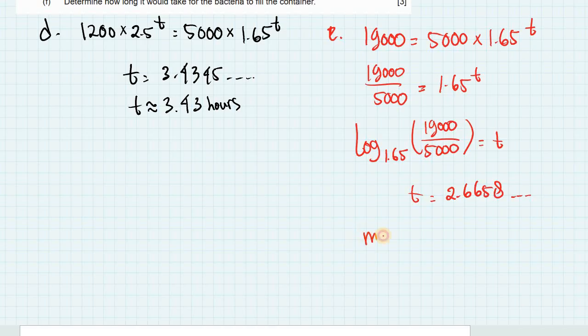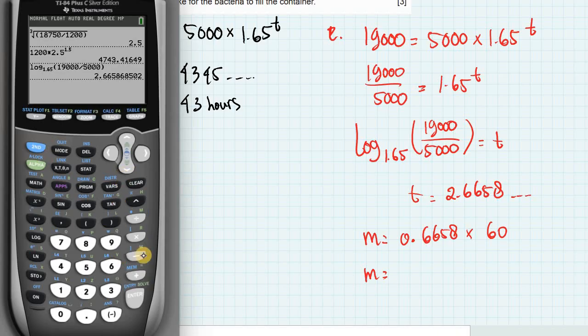So m is equal to 0.6658 times 60. Why 60? Because 1 hour is 60 minutes. So we input it to our calculator. You can just use the answer, then we minus it with 2.